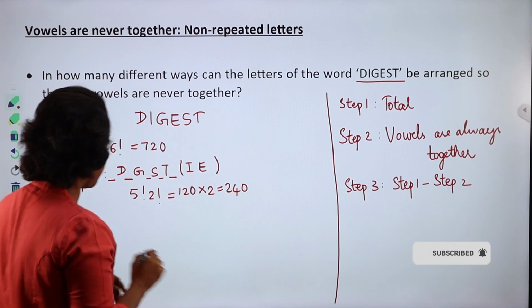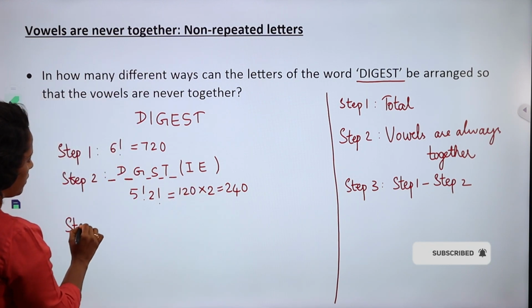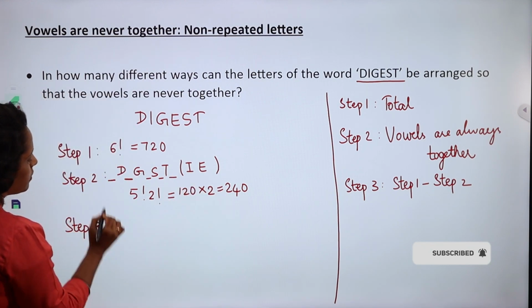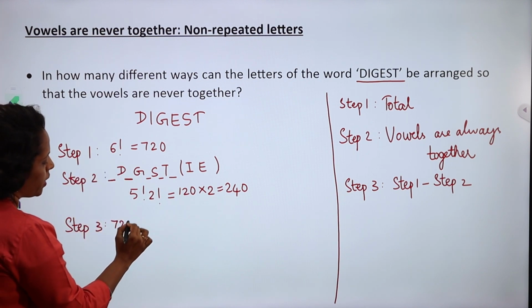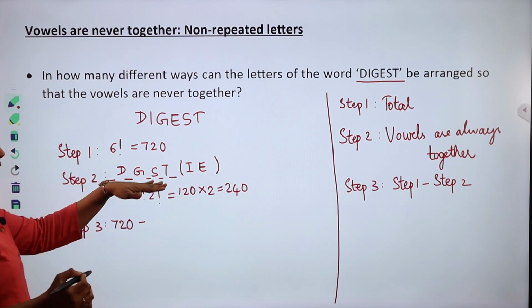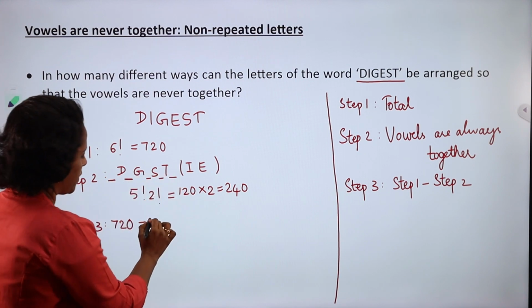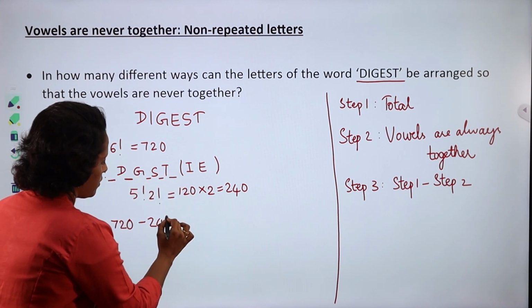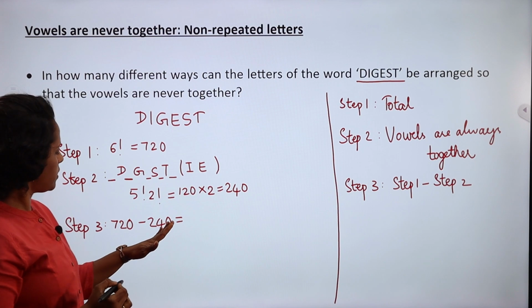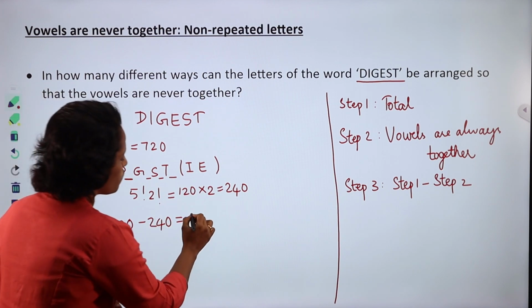Now, the most important step here, step 3. Step 3 is total 720 minus the case in which the vowels are together, that is 240. 720 minus 200 is 520, minus 40 is 480.